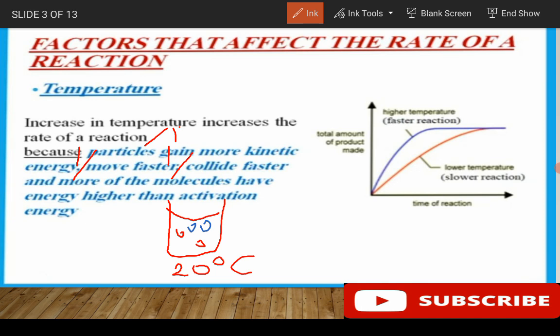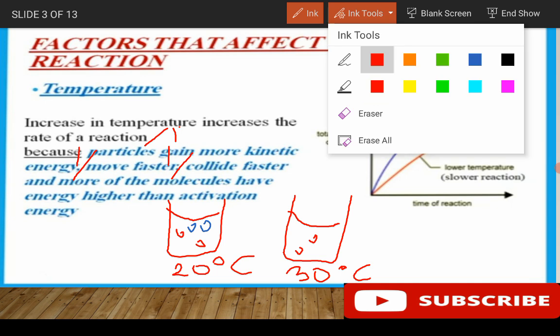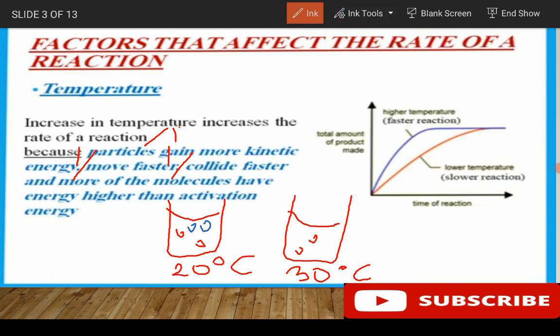Or if you raise the temperature, let's say the temperature has now been raised to 30 degrees Celsius, and also monitor the reaction. You find that the reaction will be faster at 30 degrees Celsius than at 20 degrees Celsius.